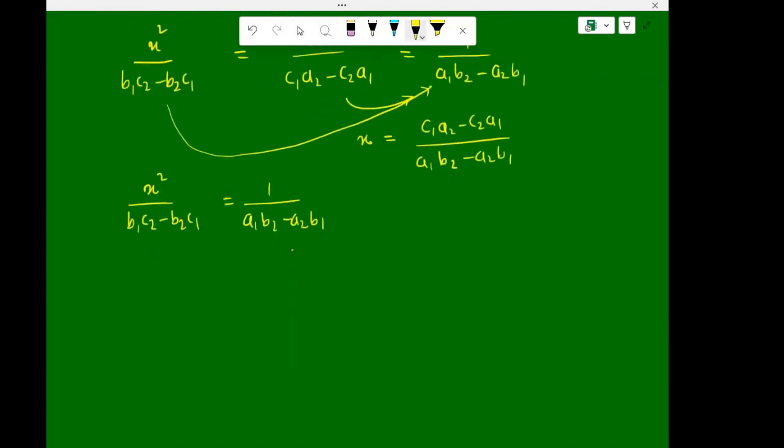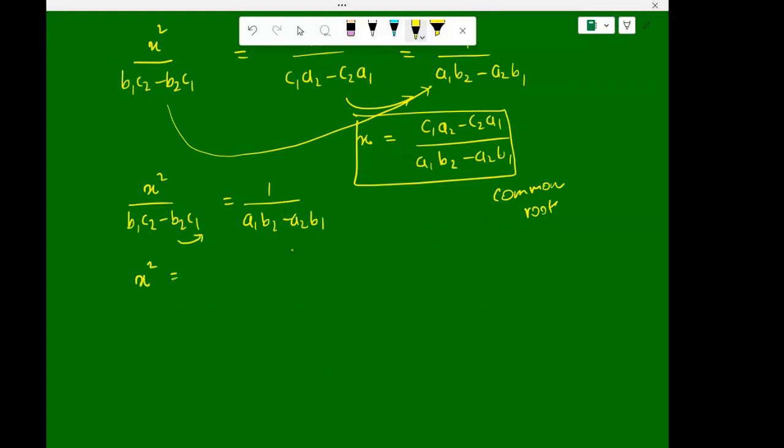Now remember this x value, because often we have to use this as a common root. The common root for both quadratic equations is c1a2 minus c2a1 by a1b2 minus a2b1.